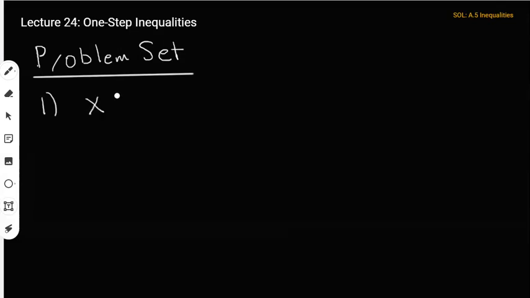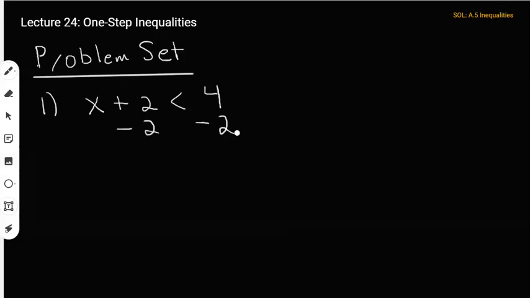Let's try the first one. X plus 2 is less than 4. All right, so what I need to do is I need to get X by itself. So to get X by itself on the left side, I need to get rid of this plus 2, which means I'm going to subtract 2.